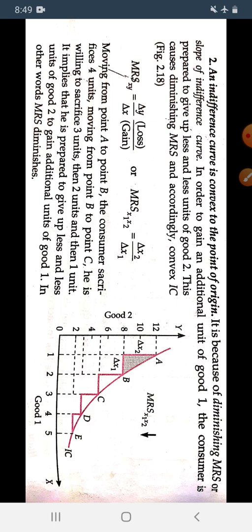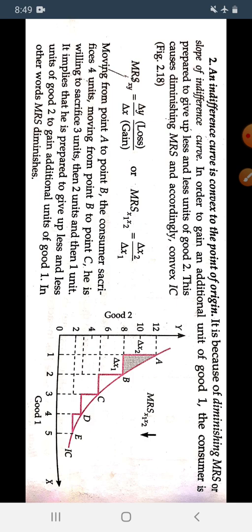In order to gain an additional unit of good 1, the consumer is prepared to give up less and less units of good 2. Whenever the consumer gains one more unit of good 1, he is prepared to sacrifice less and less units of good 2. This causes diminishing MRS and accordingly a convex IC.